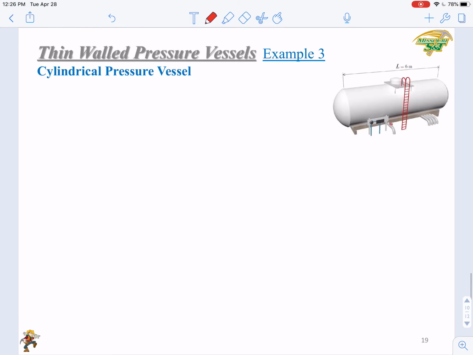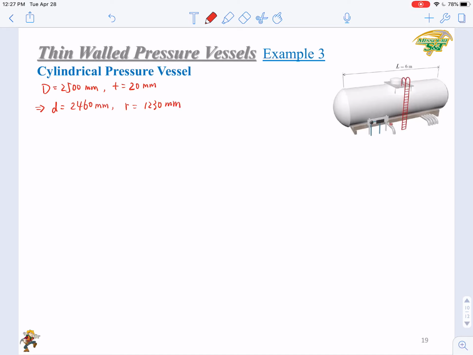The known values. Let's summarize them. The diameter is 2,500 millimeter. And the thickness is 20 millimeter. So from this, we can note that the inner diameter is 2460, so the radius will be 1230.